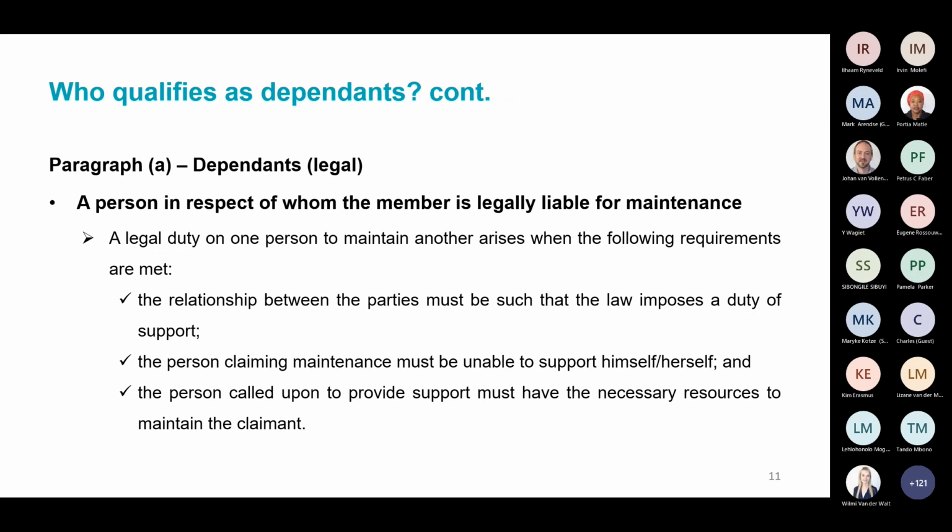Firstly, the relationship between the parties must be such that the law imposes a duty of support. Secondly, the person claiming maintenance must be unable to support him or herself, and the person called upon to provide support must, of course, have the necessary means to maintain the claimant.